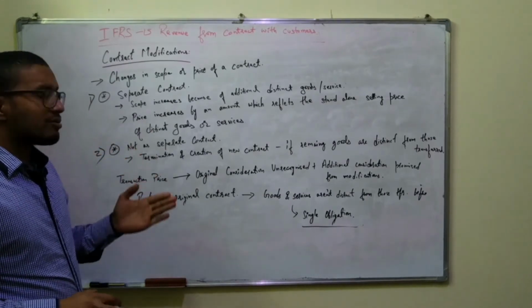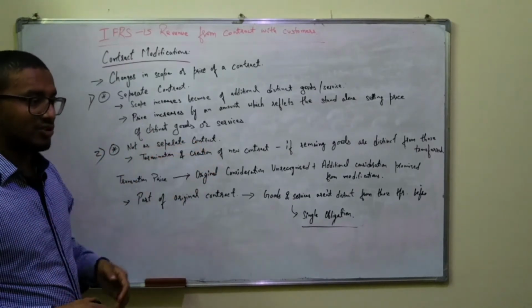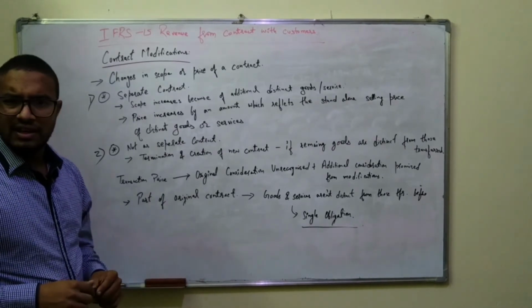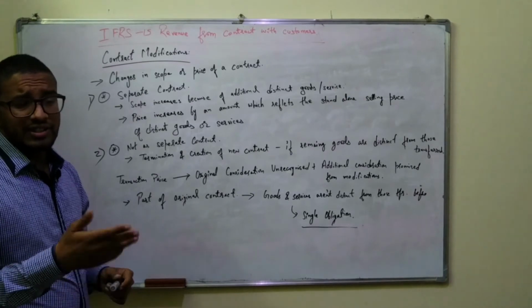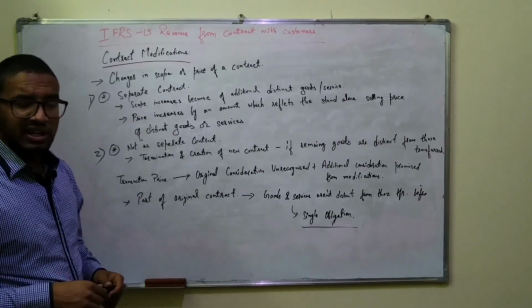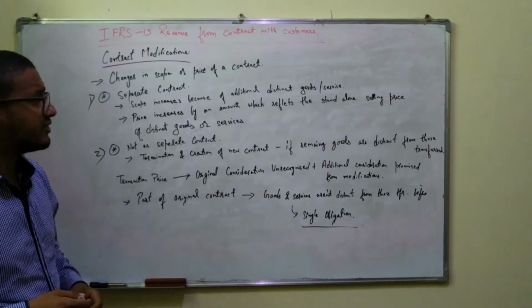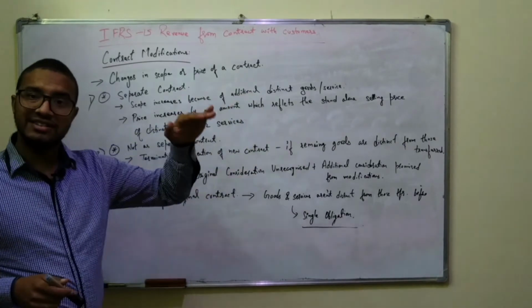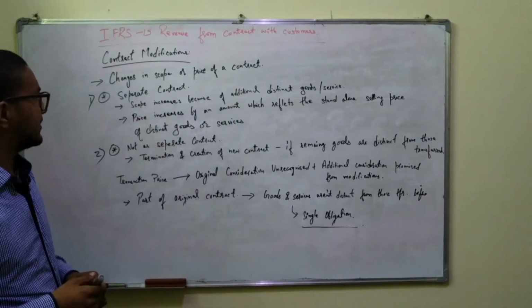So our scope of contract increases. If the order of, let's say, sweets was 900 and then they increased it by 300, so let's say they make it 1200, that's our scope increase of additional distinct goods and services.